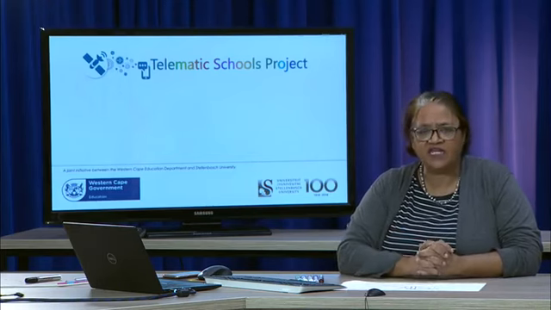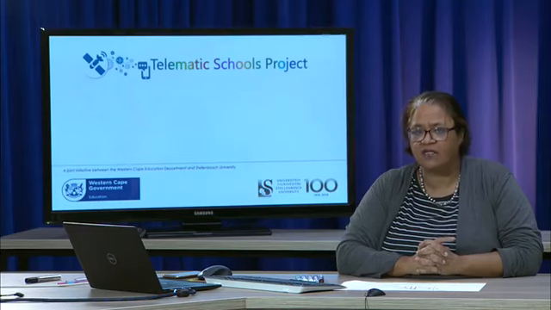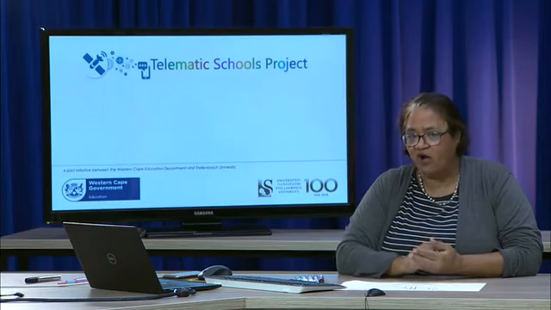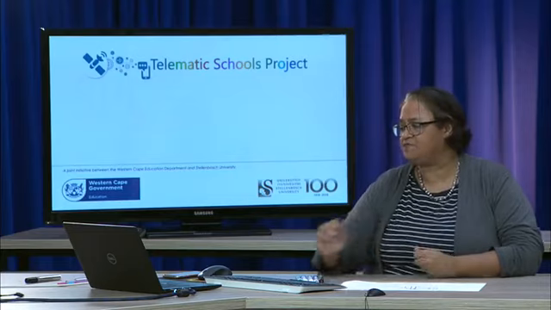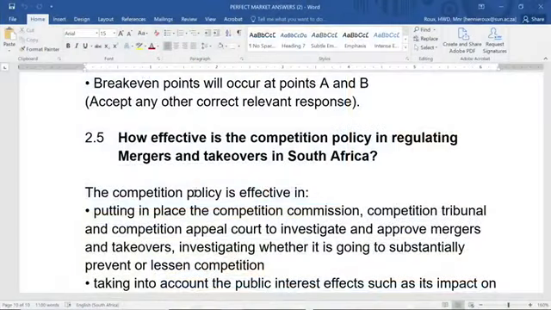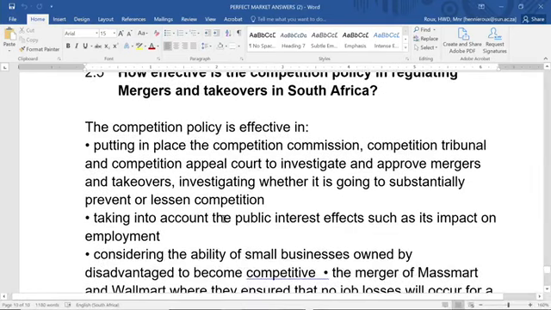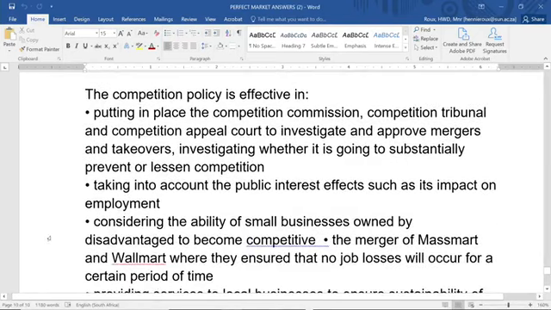And it's going to be very interesting to see what's going to happen now that we're coming to the end of that 10-year period. So the competition policy is effective in taking into account the public interest effects, such as its impact on employment, and considering the ability of small businesses owned by the previously disadvantaged to become competitive.